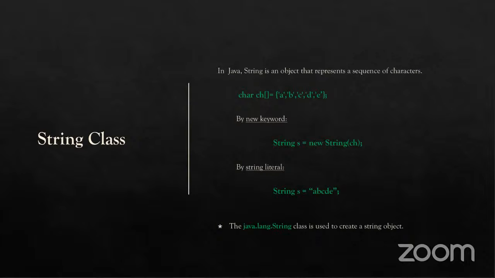It will only refer the already existing string to the newly created reference, s1. So by using a string literal, Java creates only one object in the string constant pool.